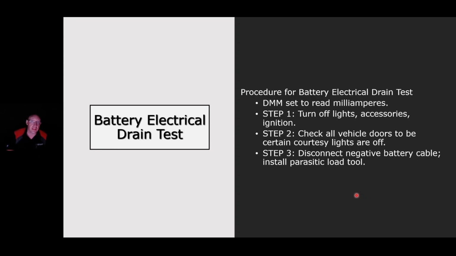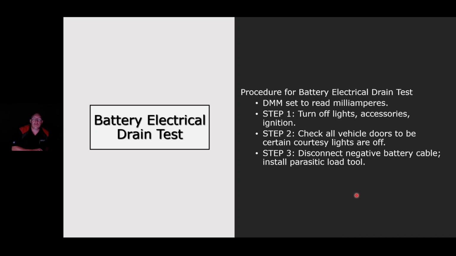If it's a module or something that's causing the parasitic drain, you could end up causing yourself a problem and never find that parasitic drain, because the module resets from the time you disconnect the battery cable and disengage all the power from the vehicle to the time you hook up the tool in line, because amps are measured in series, right? That means you have to cut the circuit open, and hook up the amp meter in the circuit. By the time you've done that, that module might have completely powered down and reset and corrected the problem temporarily for a week or two, and you never found the problem. You caused that failure in diagnostics on yourself by doing that.